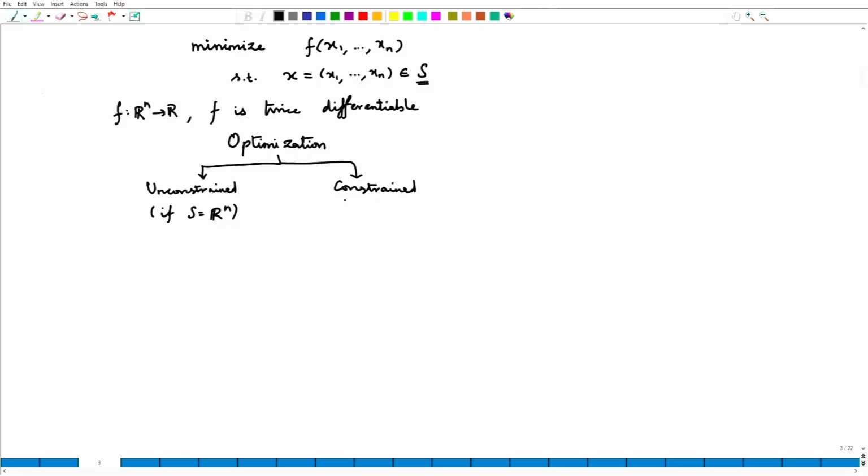And if S is not equal to R n, then there is a constraint on what values x1 to xn can take, and such an optimization problem is called a constrained optimization problem. As far as algorithms are concerned, again we would separate them as algorithms for unconstrained optimization and algorithms for constrained optimization. That is a very broad classification.